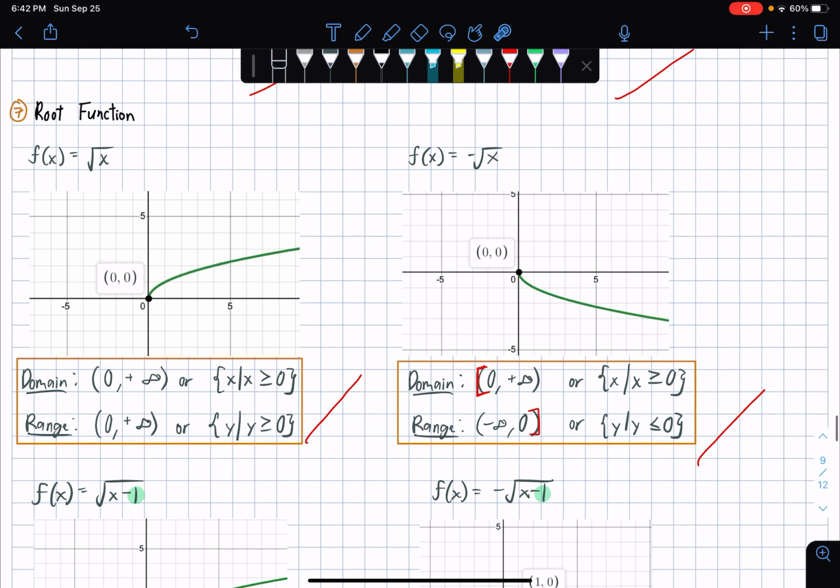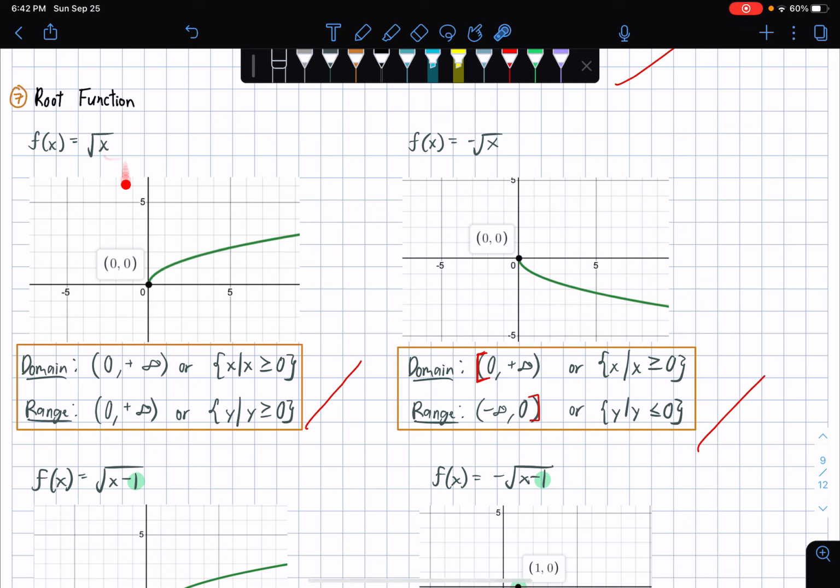Right, for the root function, positive square root of x, you'll always have to associate the root function with this sign. So if the root function is positive, there's no negative sign like this one, you have to note that the domain and range will always have the symbol greater than or equal to.